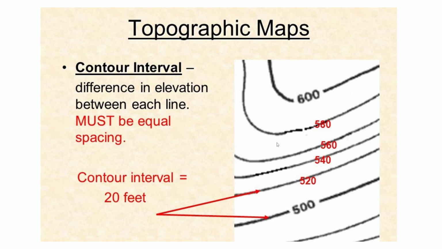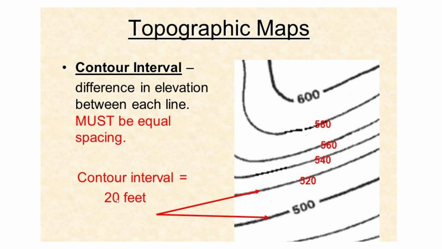Say I have a map, right? And I'm given the contour interval is 20 feet at the bottom of the map. That just means that every single line is changing by 20 feet of elevation. Okay. So if this is 500 and this is 600, I know as I'm going from 500 to 600, my value is going up. For each line, to know how much my value is going up by, I look at the contour interval.